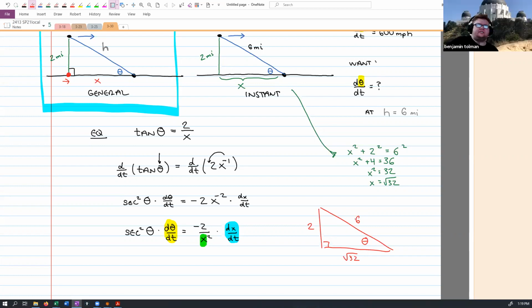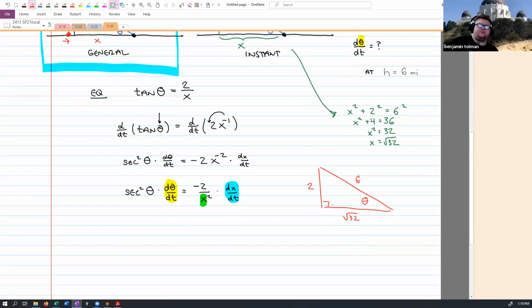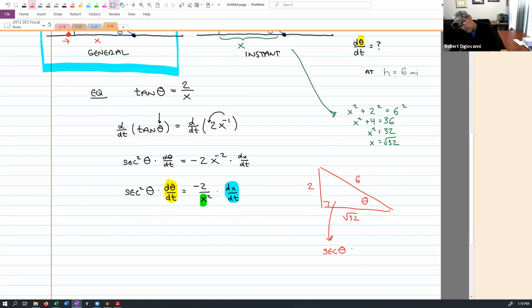Looking at this triangle, that's 6 over root 32. I'll just state on the side that cosine of theta was root 32 over 6, adjacent over hypotenuse, and secant's the reciprocal of cosine, so it's just flipped over. And then we're supposed to square it, right?